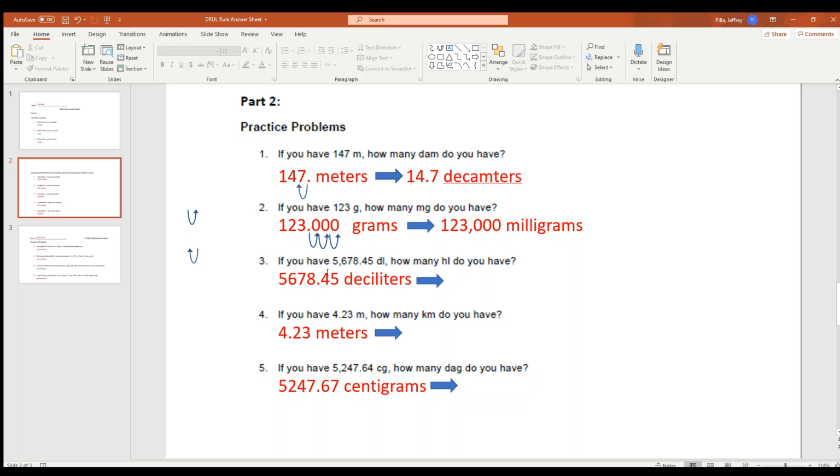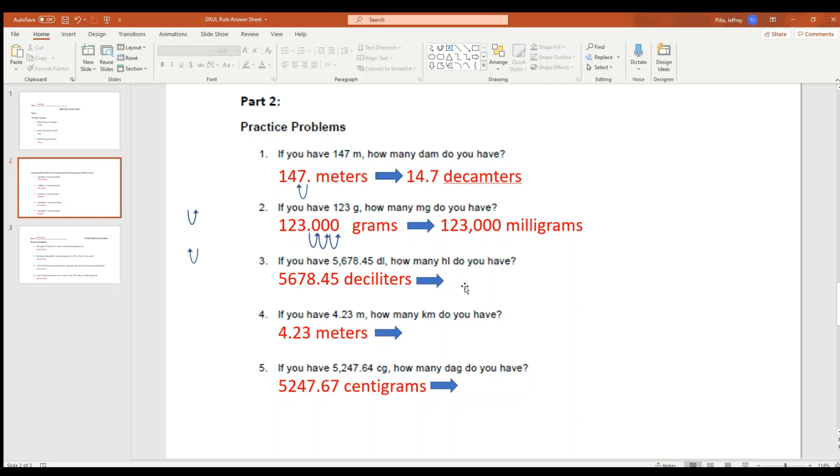Number 3, it says, if you have 5,678.45 deciliters, how many hectoliters do you have? So let's start from the beginning. We have deciliters, and we're moving to hectoliters, right? We have to decide, are we going up the staircase or are we going down the staircase? To go from deciliters to hectoliters, you have to move up the staircase.